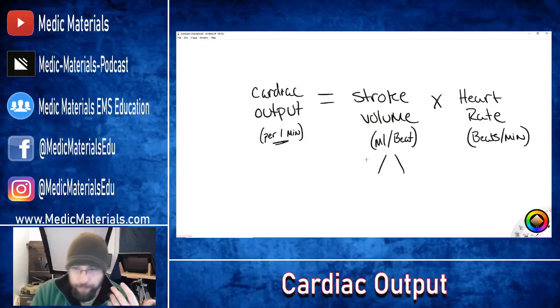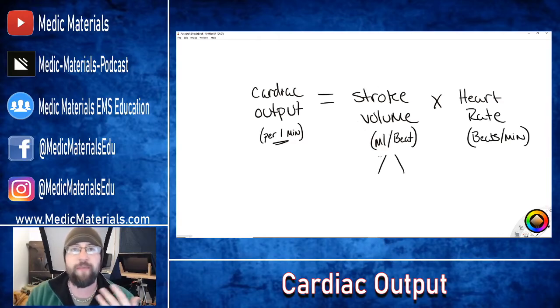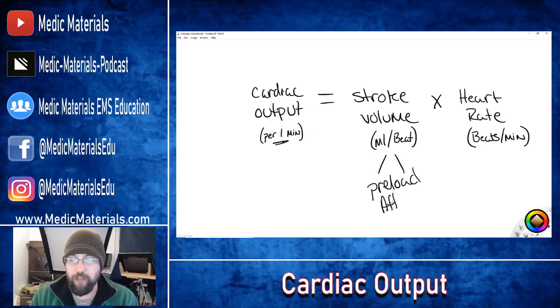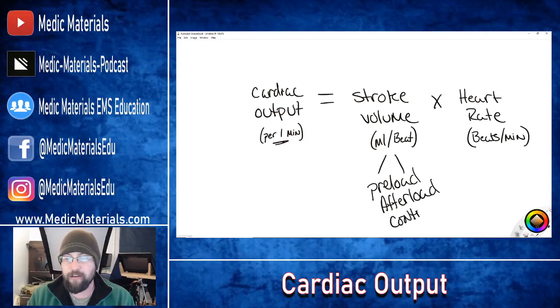So when we're doing this equation, the stroke volume is really what we have to focus on, because there are three distinct things that manipulate the stroke volume. We're going to get into these in the next slide. They're preload, afterload, and contractility. Don't worry, I will define these.